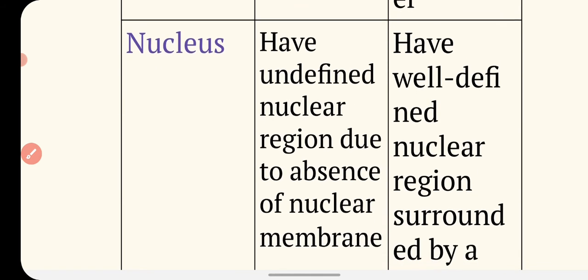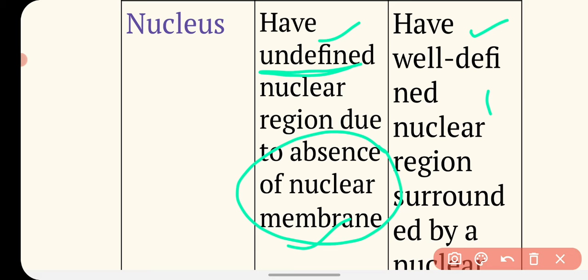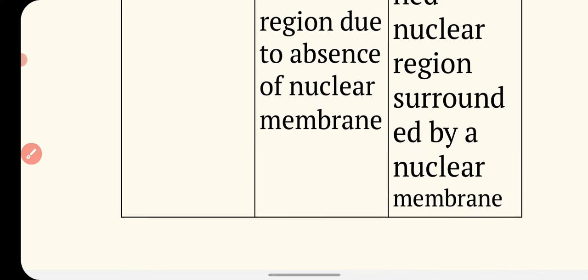Now, on the basis of nucleus, prokaryotic cells have an undefined nuclear region due to the absence of a nuclear membrane, and eukaryotic cells have a well-defined nuclear region surrounded by a nuclear membrane.